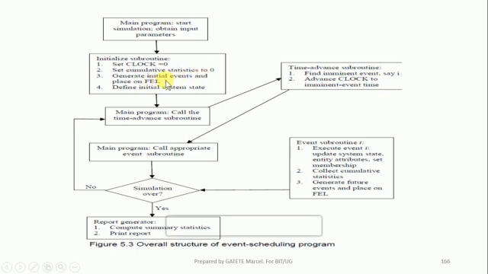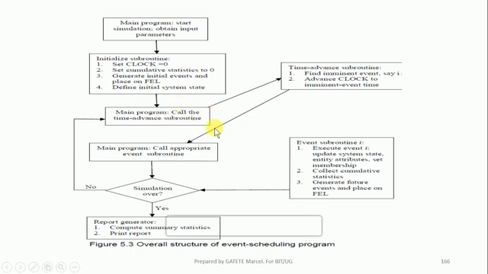We generate initial events and put them in the FEL. Here we generate the events which we are planning to occur at the first time, and then we store them in the FEL, and then we define the initial system state.